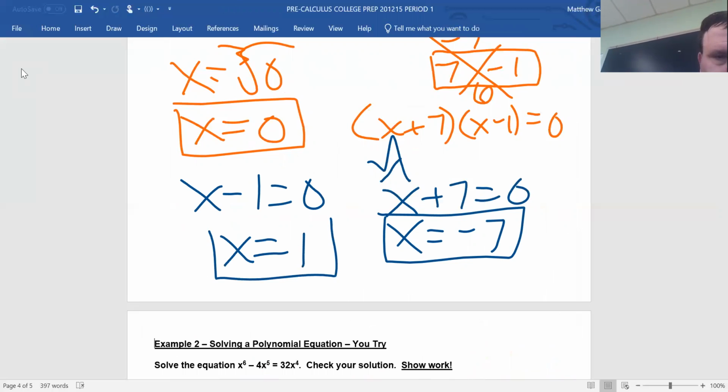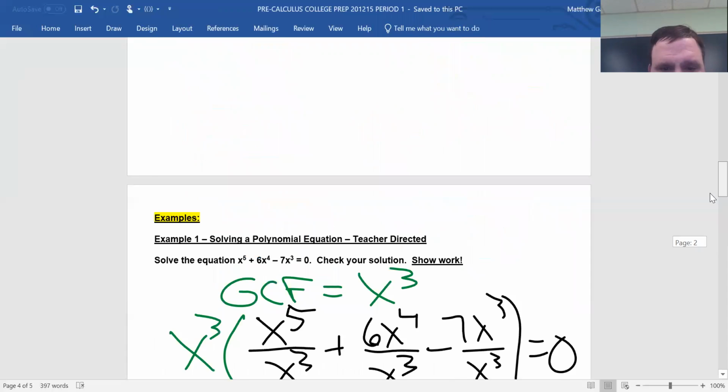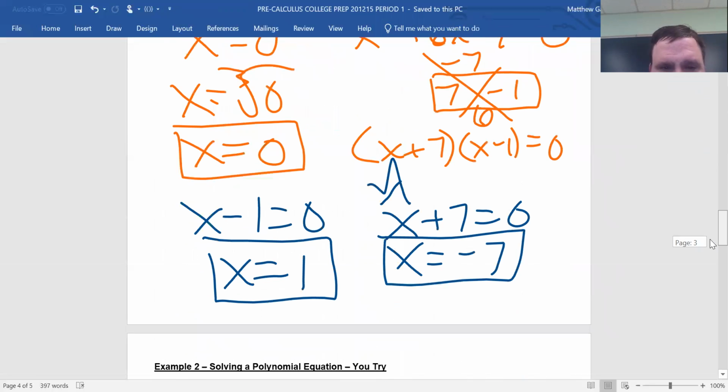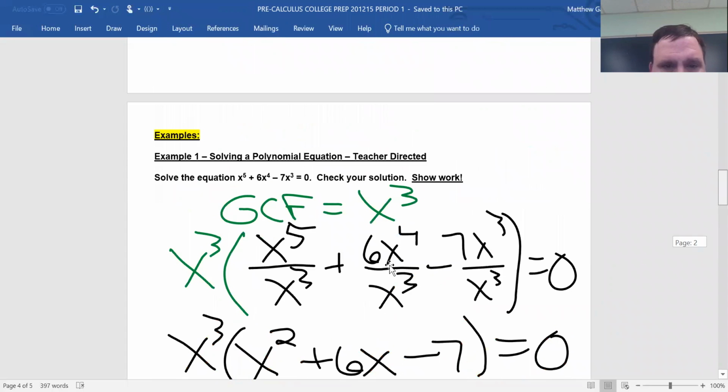The best way to check this is on a graph, because your graph is going to find your intercepts. So your three solutions are 0, -7, and 1.